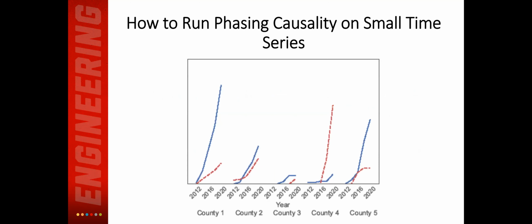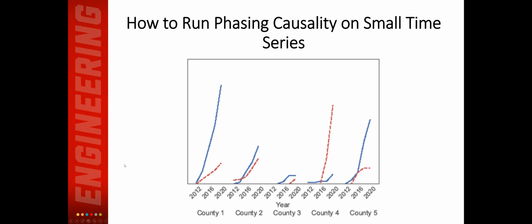So what I do here is I say, well, what if we take every county that we have data available for? I'm showing here five counties and then the 5 years worth of data. And what if we run this causality test, only looking at 2020 data, so the last year of data, and we're only going to allow phases or time lags that are up to 5 years.